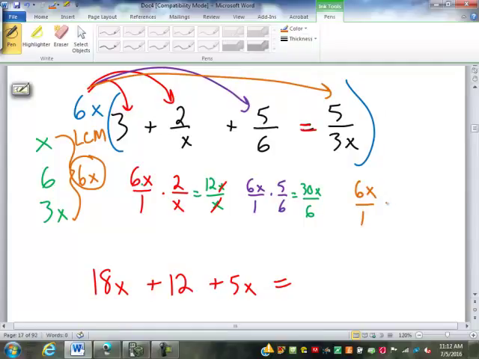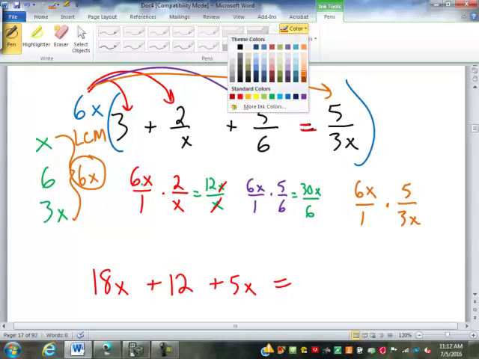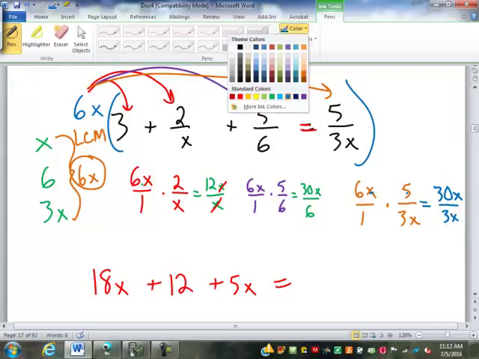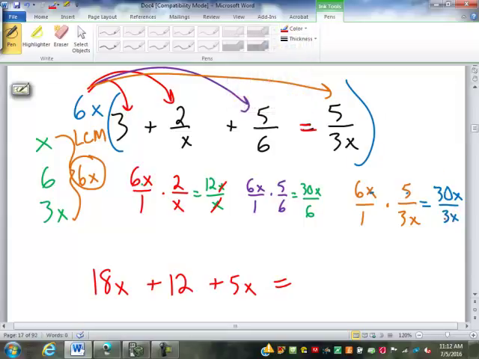So 6x over 1 times 5 over 3x. 6x times 5 is 30x. 1 times 3x, 3x. We divide. 30 divided by 3 is 10. X divided by x cancels out. I'm going to stop here. Any questions on how I got to this point right here?